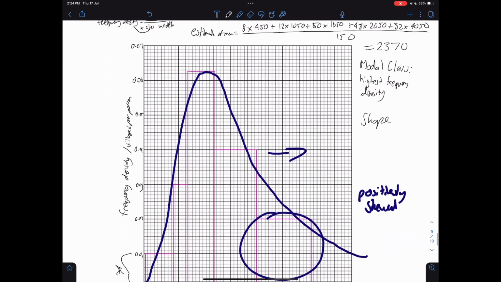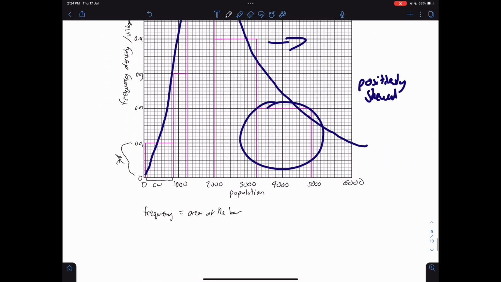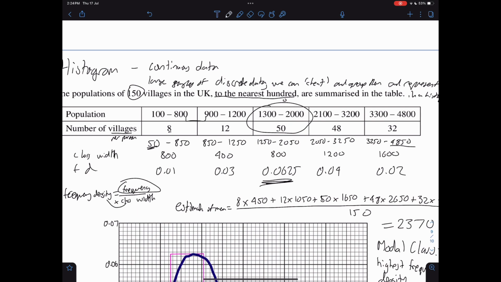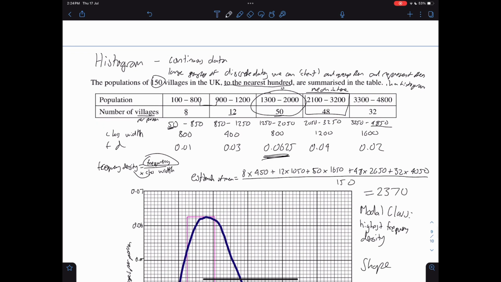And also we can estimate the median. Now this is grouped data, so we just do n over 2. So 150 over 2 equals the 75th number. So have a look at our table. We think, okay, 8 plus 12, that's 20, plus 50 is 70, too low. So our median's going to be in here. And we've already counted 70, so we only need to find the fifth.